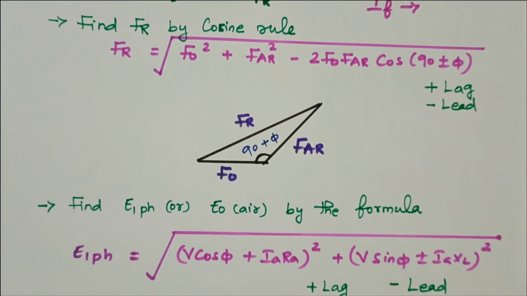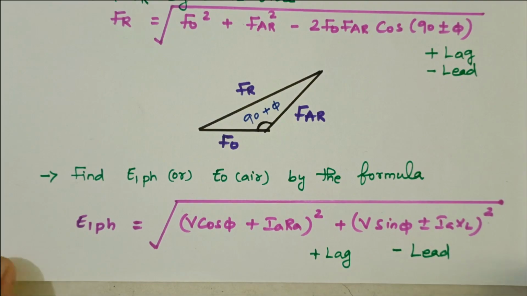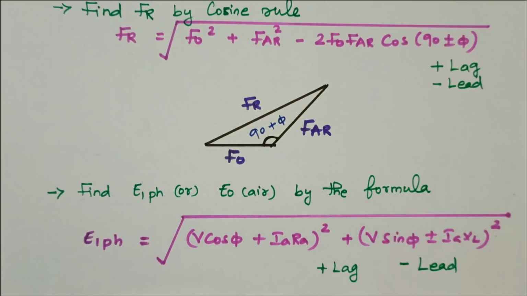Now we need to find the E1 phase value using the formula. E1 phase equal to the square root of V cos phi plus IA RA the whole square plus V sin phi plus or minus IA XL the whole square.